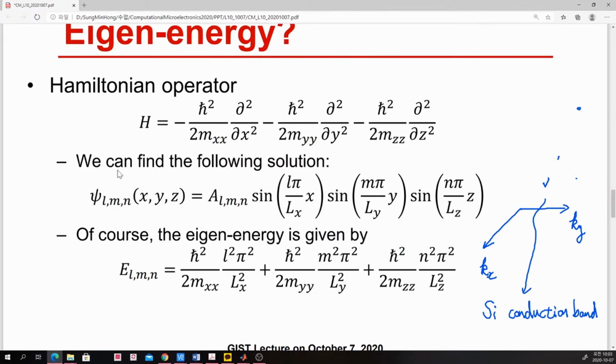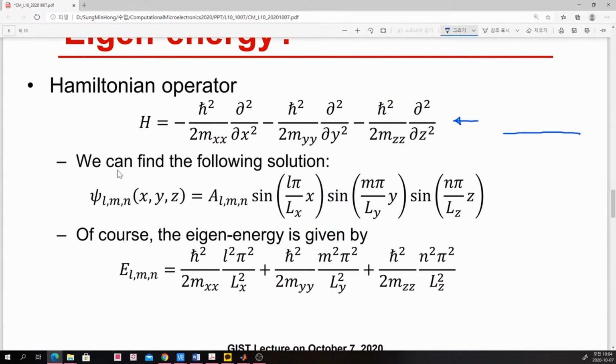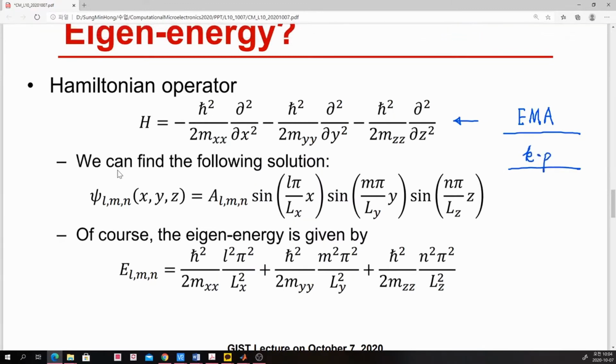Usually people have many different approaches to describe the Hamiltonian. The first thing we can consider is the effective mass approximation we have used and will use during the entire course, but other choices are listed here. Effective mass approximation is the simplest and easiest but not that accurate one, and we can define the K.P method.